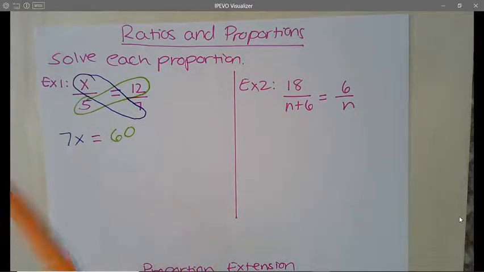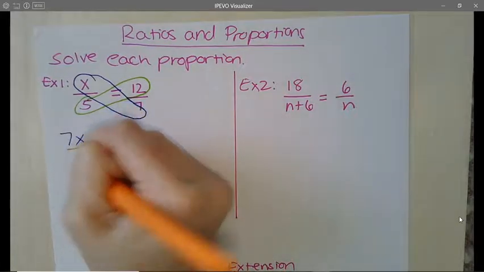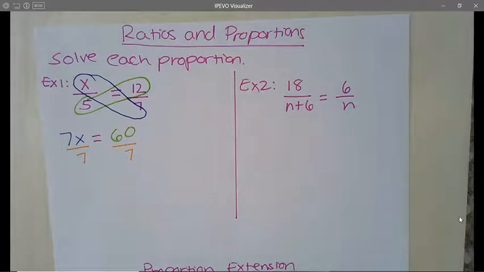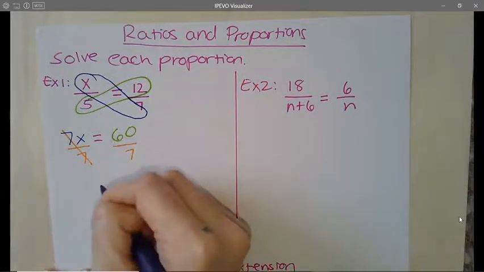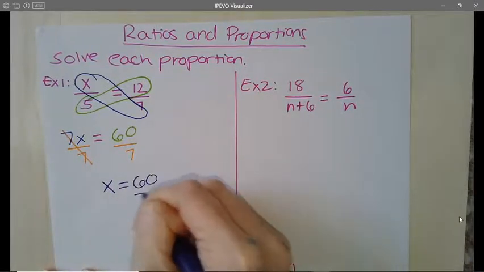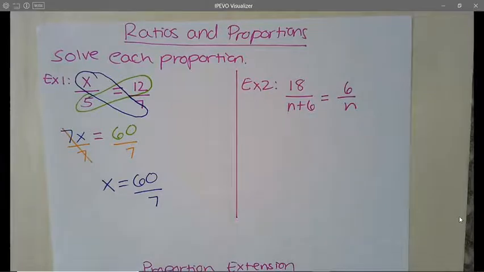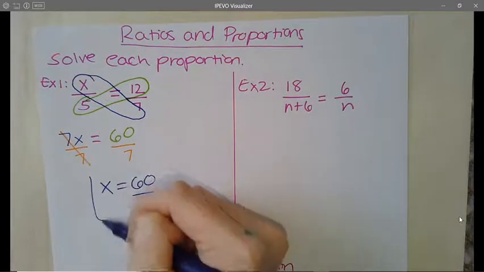How do I move something to the other side when you're multiplying? You would divide, the opposite. Very good. So 7 over 7 cancels and turns to 1. x will then equal 60 over 7, which cannot be reduced any further. So that's it. That's our answer.